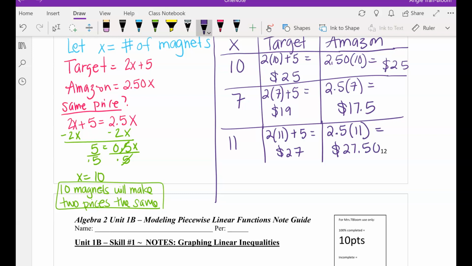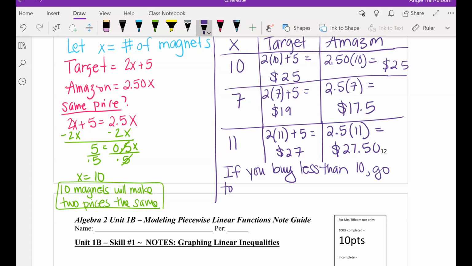How would you give me a complete sentence to answer this question? If you buy less than 10, where should you go? If you buy more than 10, go to? All right, write that out. If you buy less than 10, go to where?